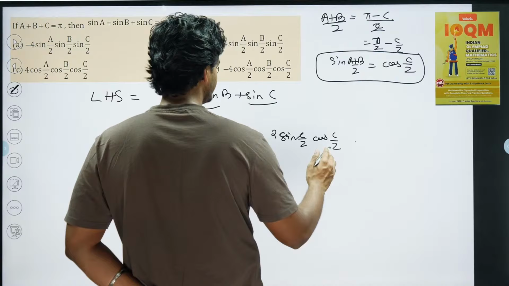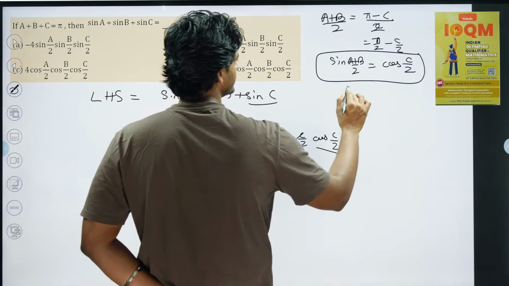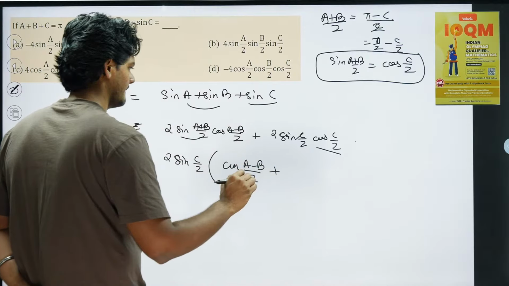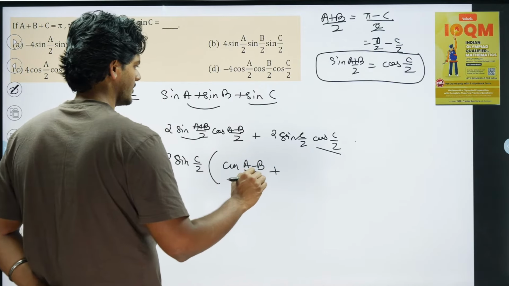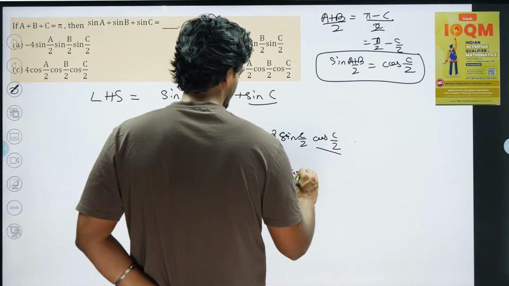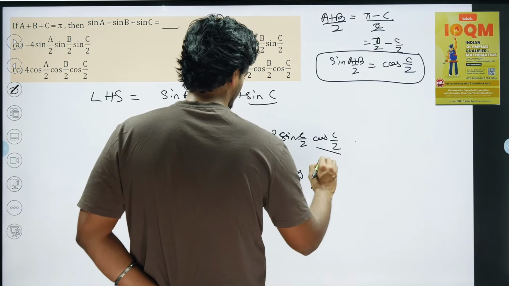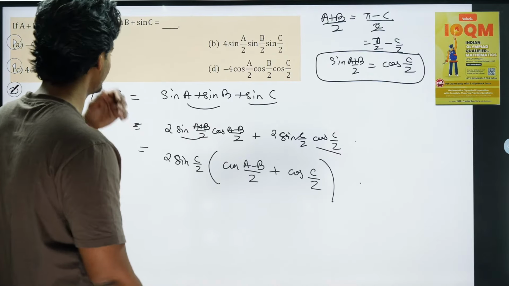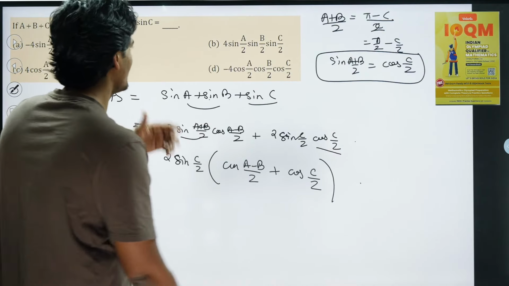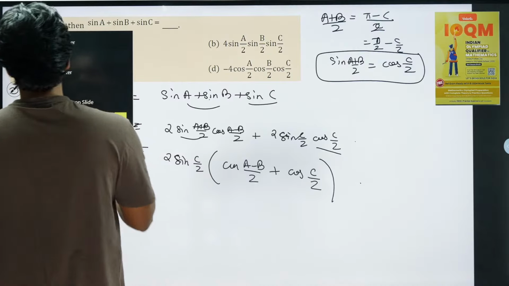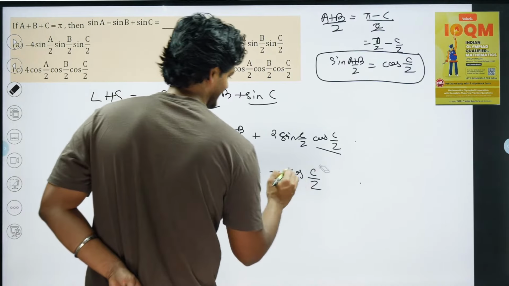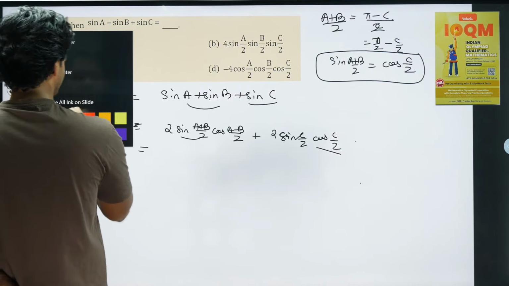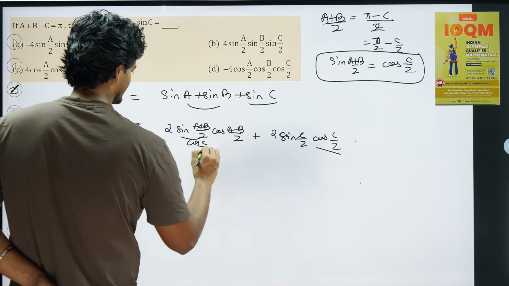And I can write this sin(C/2) as cos((A plus B)/2). Am I doing something wrong? Oh, I'm taking cos C common. So this is cos(C/2).